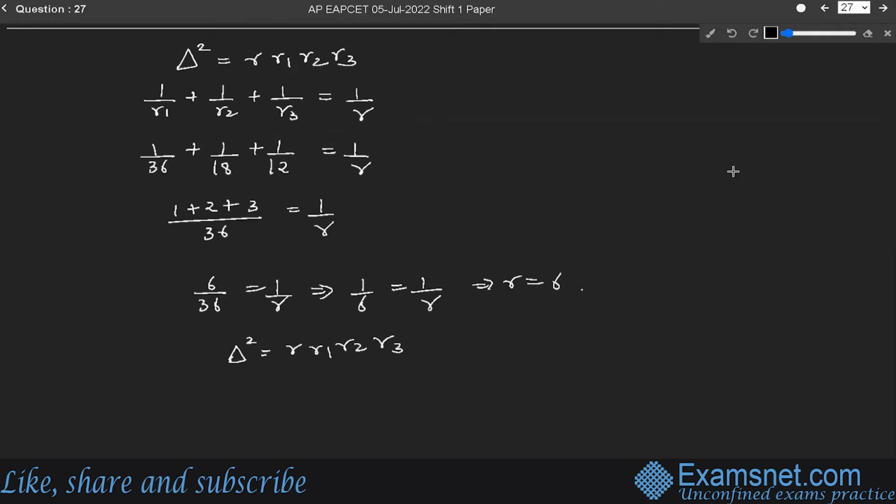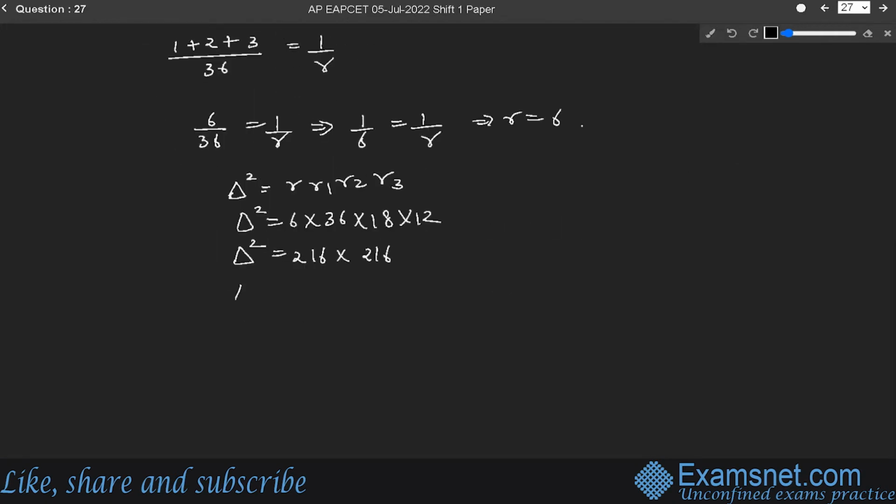So substituting the values here, delta square will be equal to 6 into R1 is 36, R2 is 18 and R3 is 12. On further multiplying, this will be 216 into 216. Therefore, we can say that delta square is equal to 216 whole square.